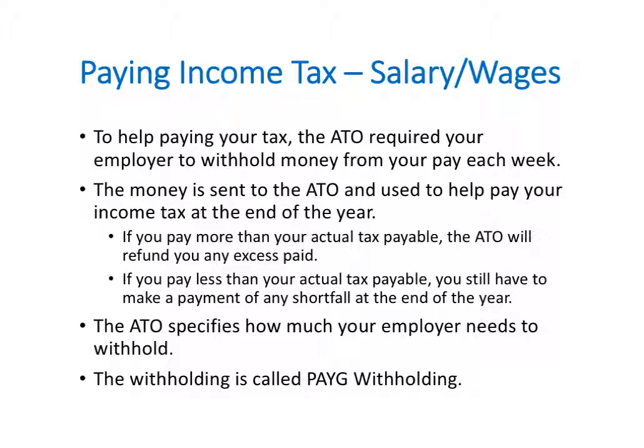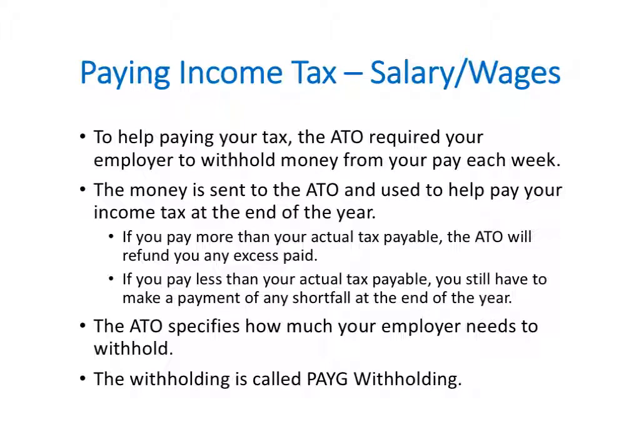So say you had income tax payable of $10,000, but only had $9,000 PAYG withholding paid on your behalf during the year, then you're going to have to make a catch-up payment of $1,000.